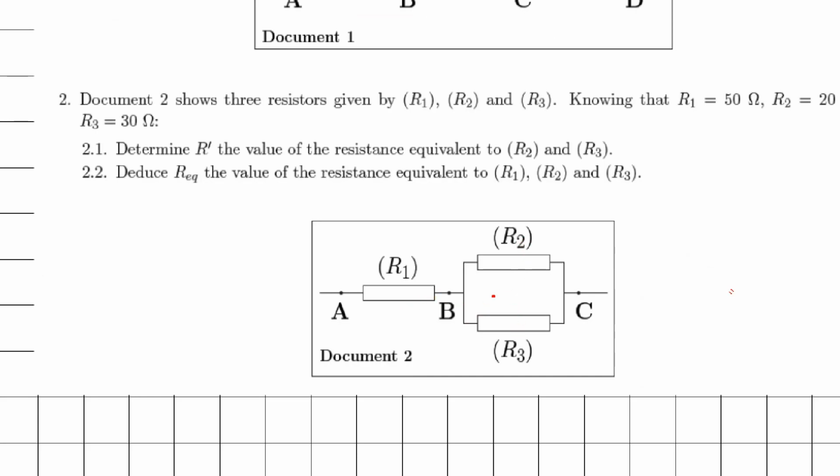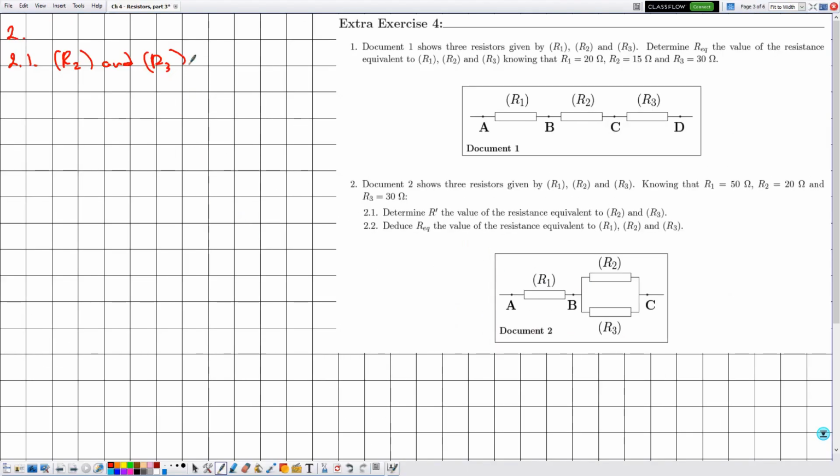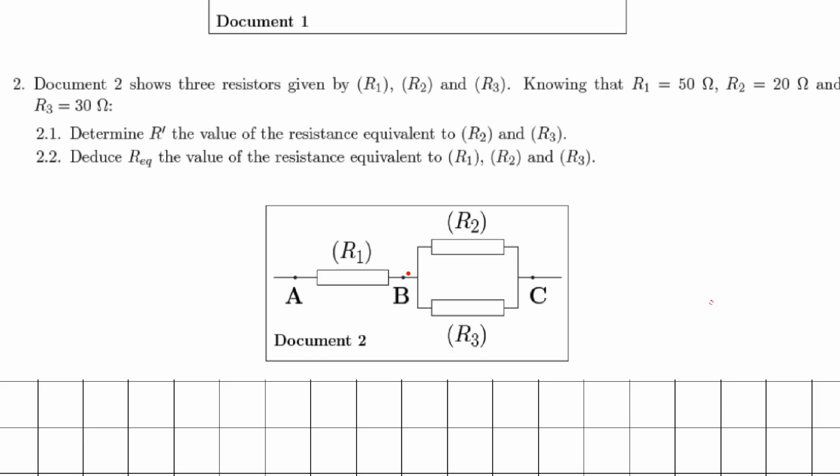We are interested in determining R equivalent just for this grouping, and not for the whole grouping. So R2 and R3 are in parallel. Why are they in parallel? Because they have 2 terminals in common that are given by B and C.